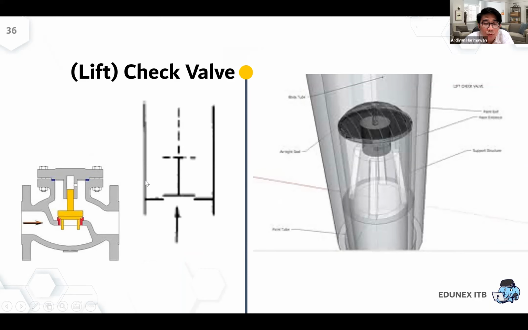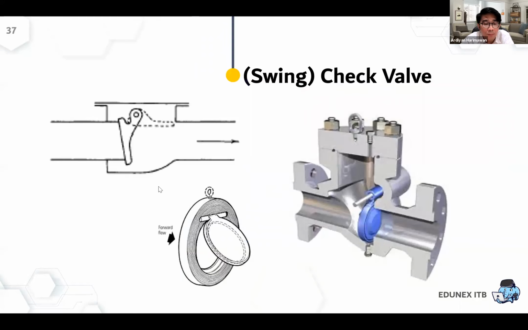In some functions, a valve can be used to avoid what we call back pressure. Like this one, the check valve. I have put several videos in the EduNext to show the different functions of valves. You can watch them one by one later at your convenience. This one is the check valve. It is important when you do not want any backflow.